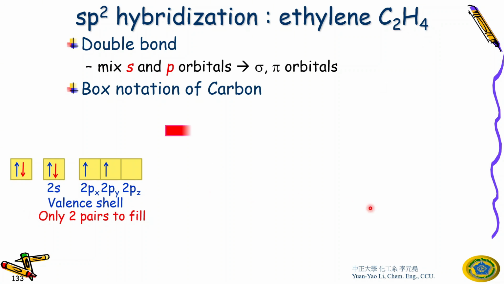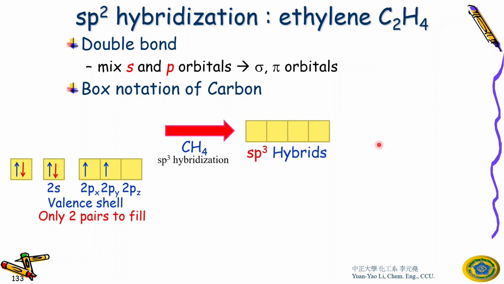We already learned that in methane you need sp3 hybridization, which puts these 4 boxes at the same energy level, right?